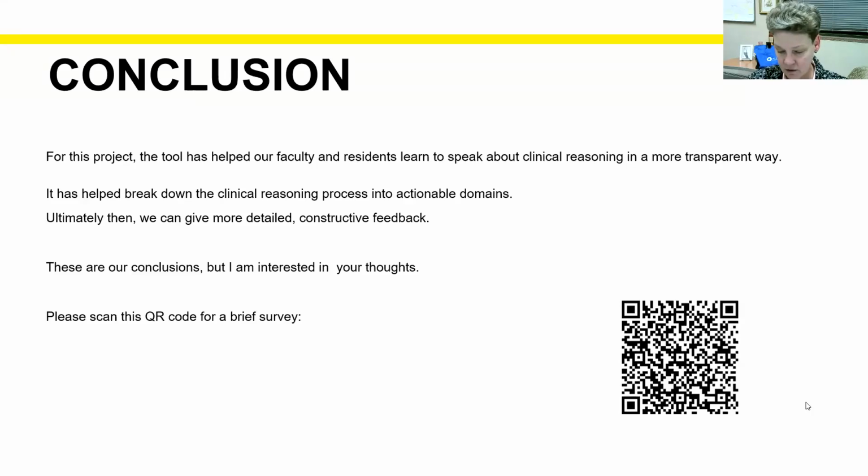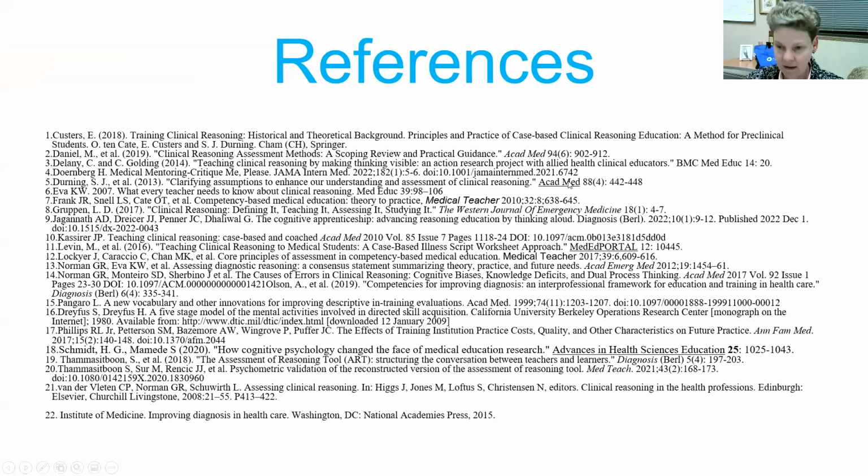But I really like using the ART as a way to ask the learner to self-reflect: what did they identify as their observations on their presentation, and then flipping it to what they've done well, but then teaching them and discussing plans for their improvement. I think the assessment of reasoning tool really allows for that.